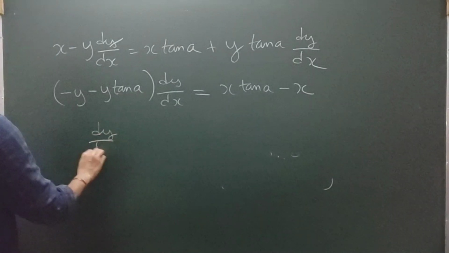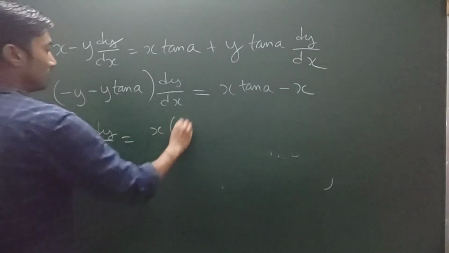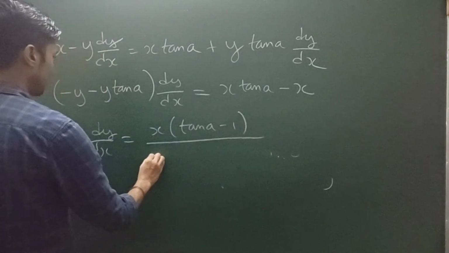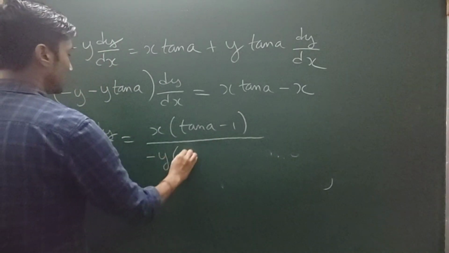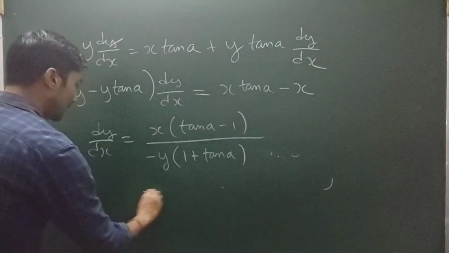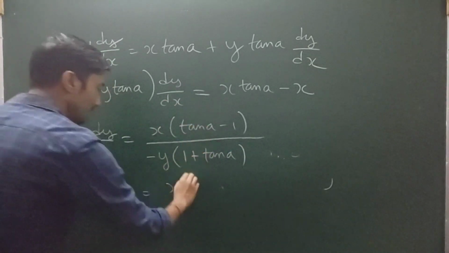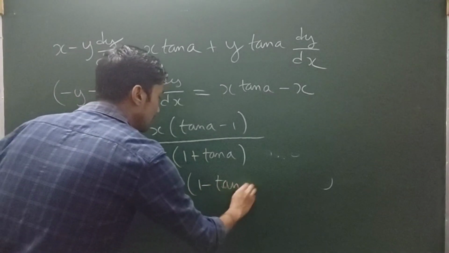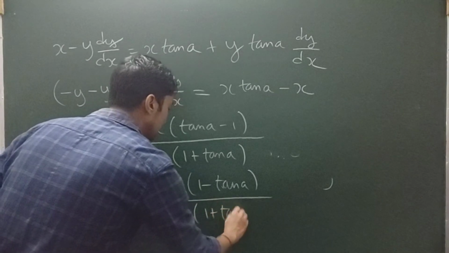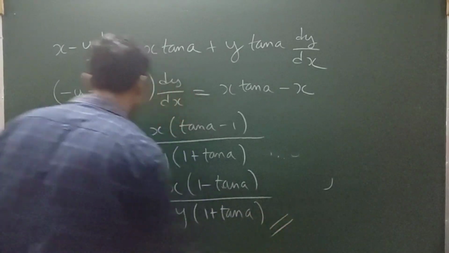So dy by dx is equal to x common, that's tan a minus 1, upon minus y common, 1 plus tan a. So the minus can be multiplied here, so this becomes x into 1 minus tan a divided by y into 1 plus tan a. I believe that was the proof.